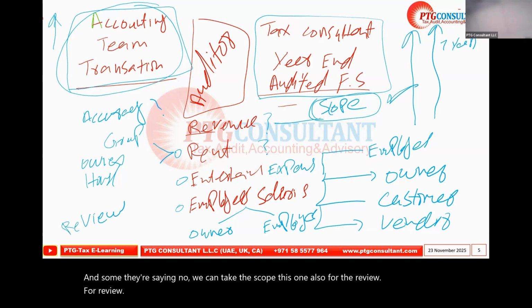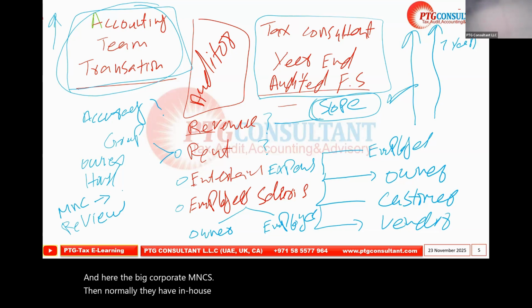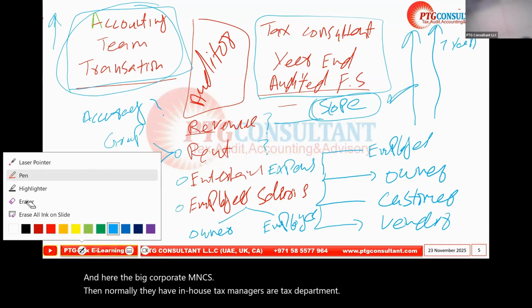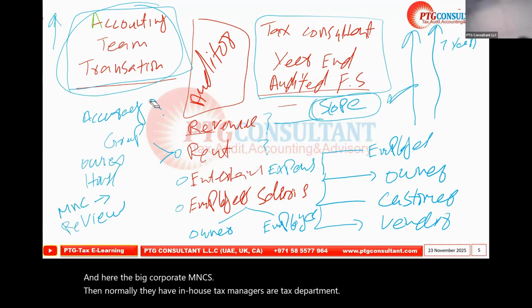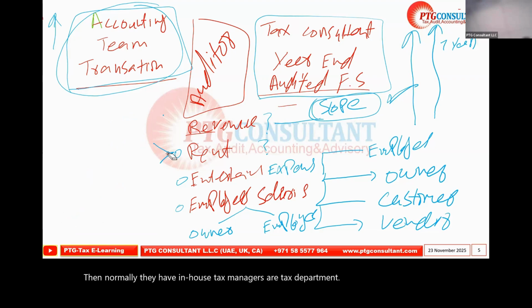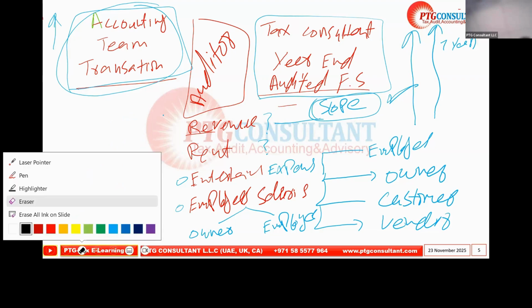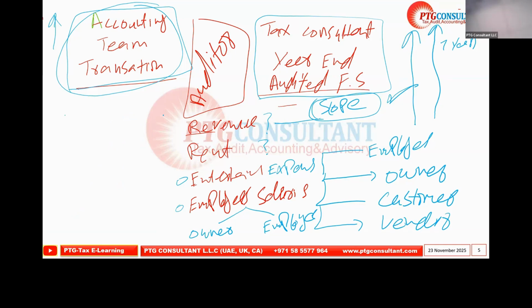And here, the big corporate MNCs normally have an in-house tax manager or tax department. Another point, the corporate culture.